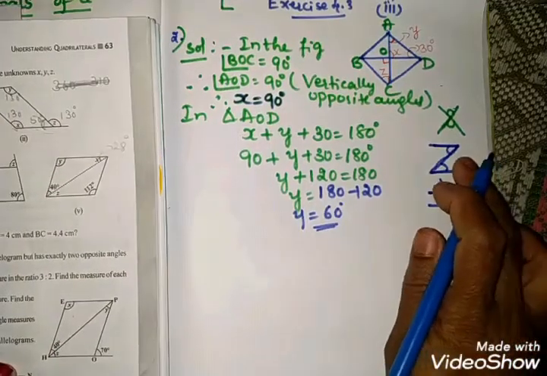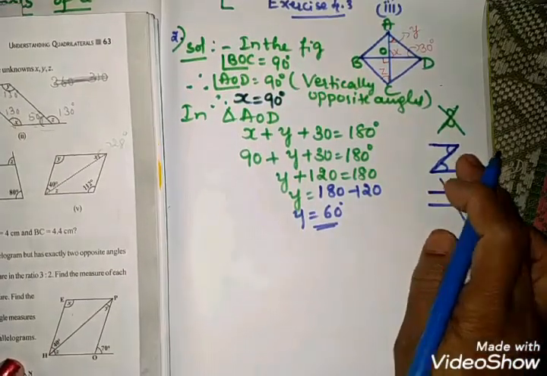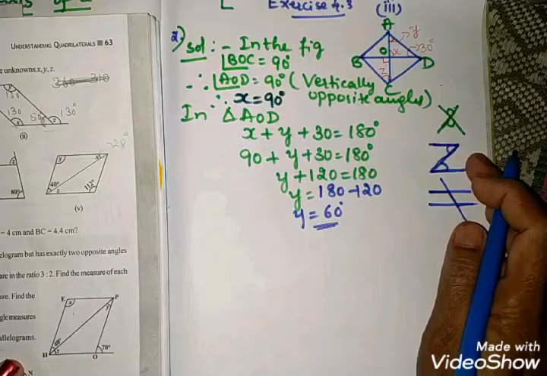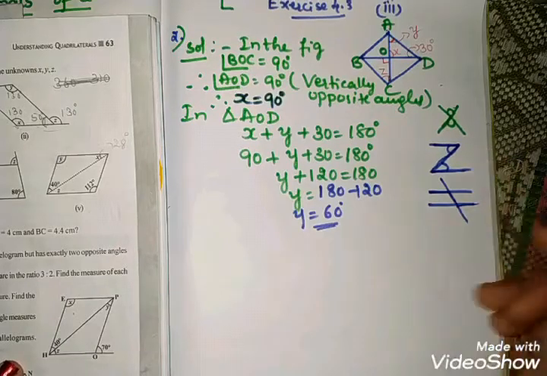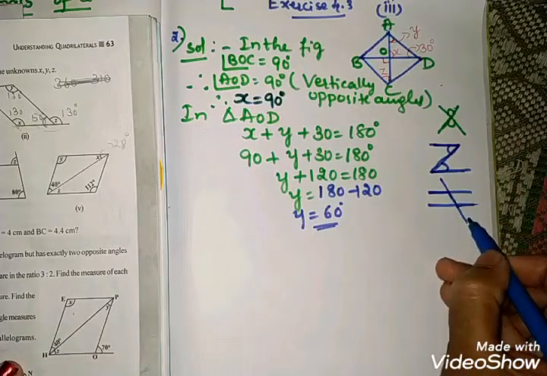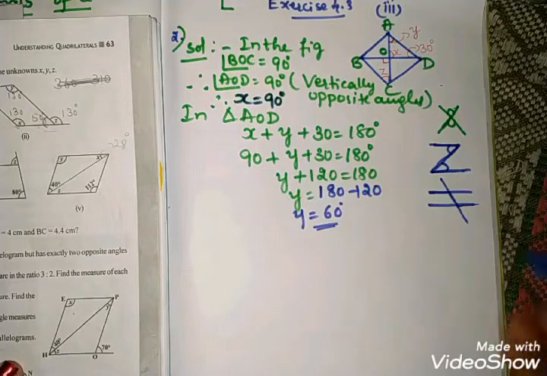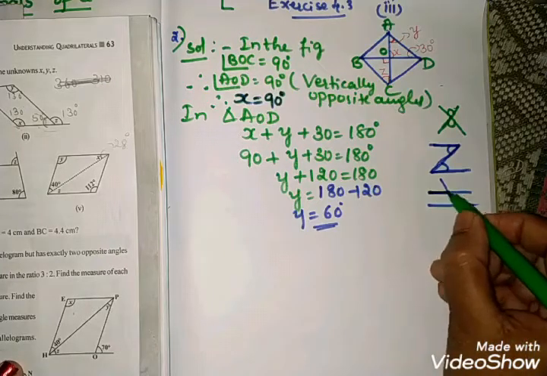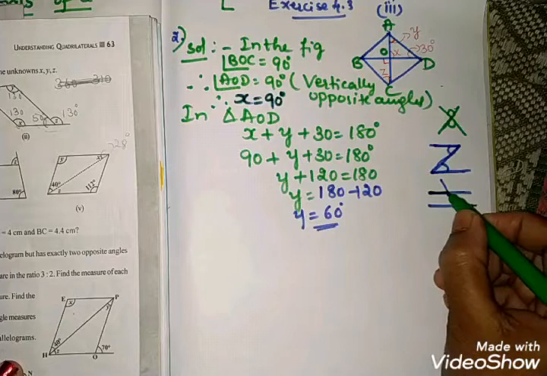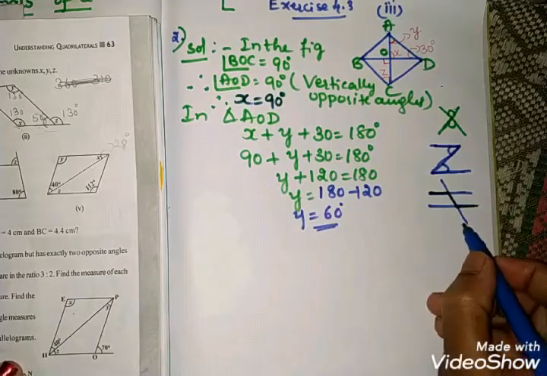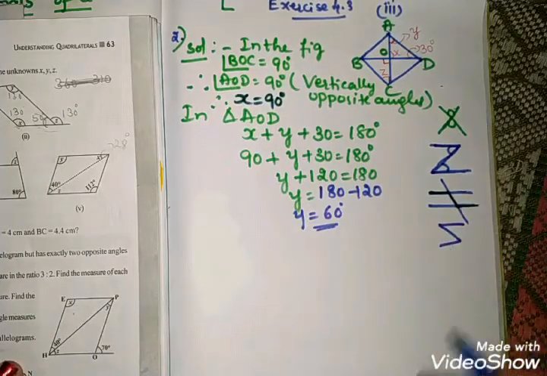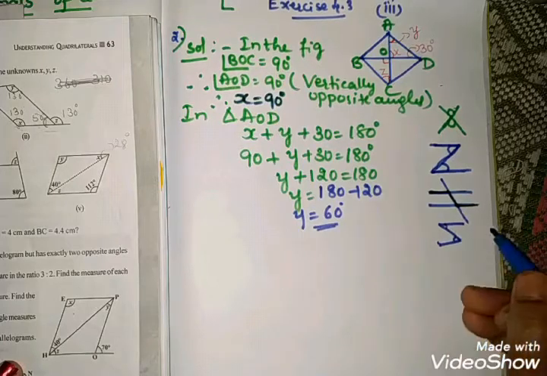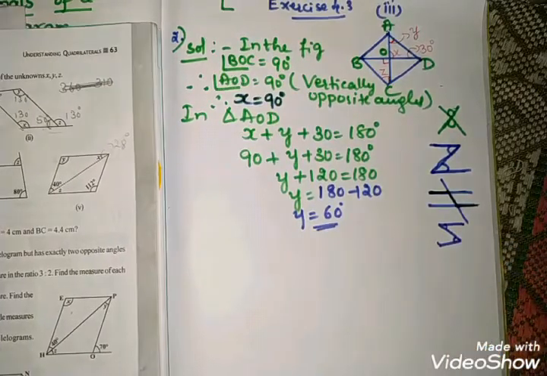This is known as alternate angles. This type of Z-shaped angles are known as alternate angles when two lines are intersected by a line. Not only this, reverse Z also can be possible. Whichever angles are formed there, they are equal. That we can use here, children.